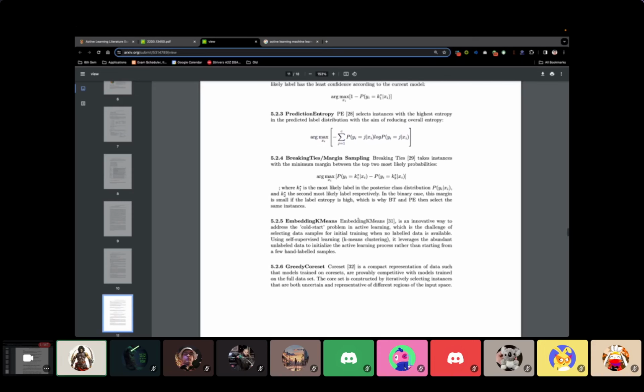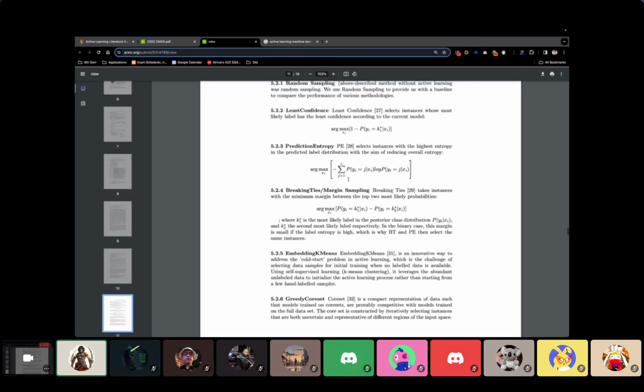Then breaking ties, yeah, margin sampling. Margin is basically computing the difference of the top two predictions for each data point and then finding the maximum value. For example, the sample which has the difference between the two. I think there is something wrong here. There should be a negative sign. It should be argmin.